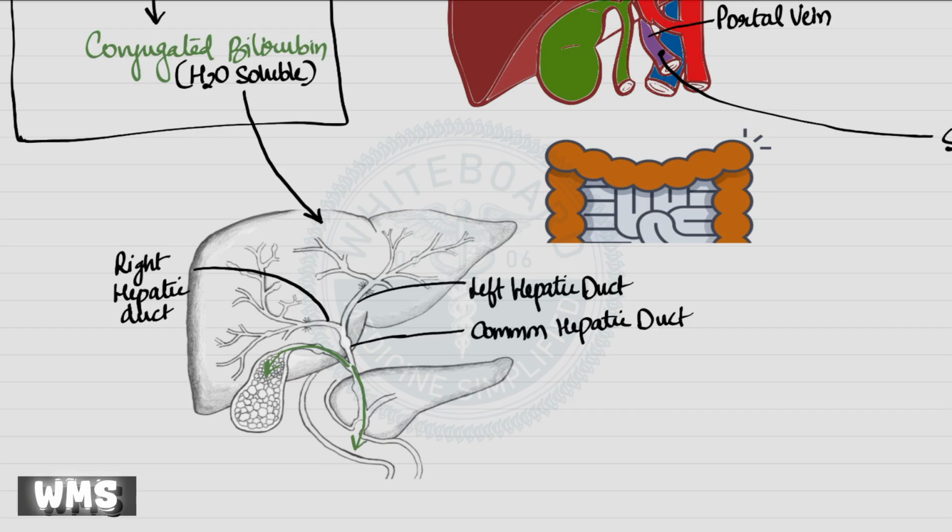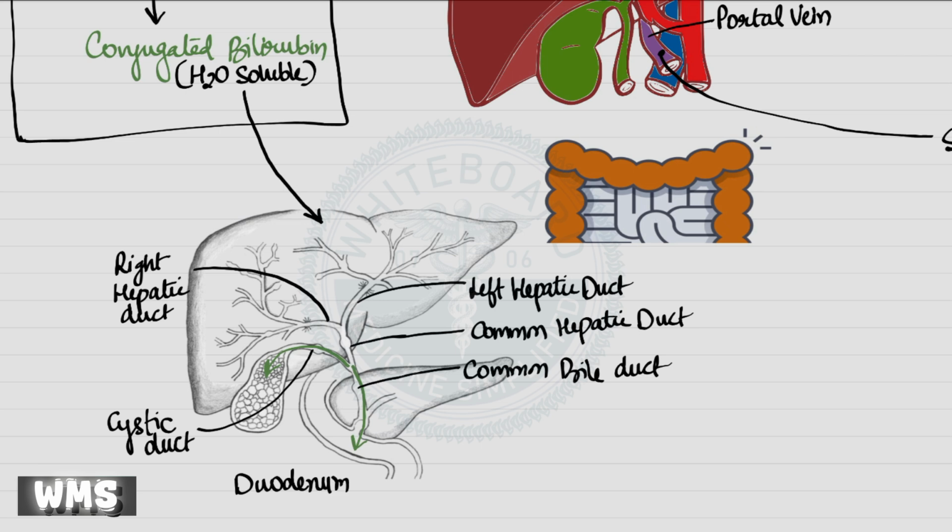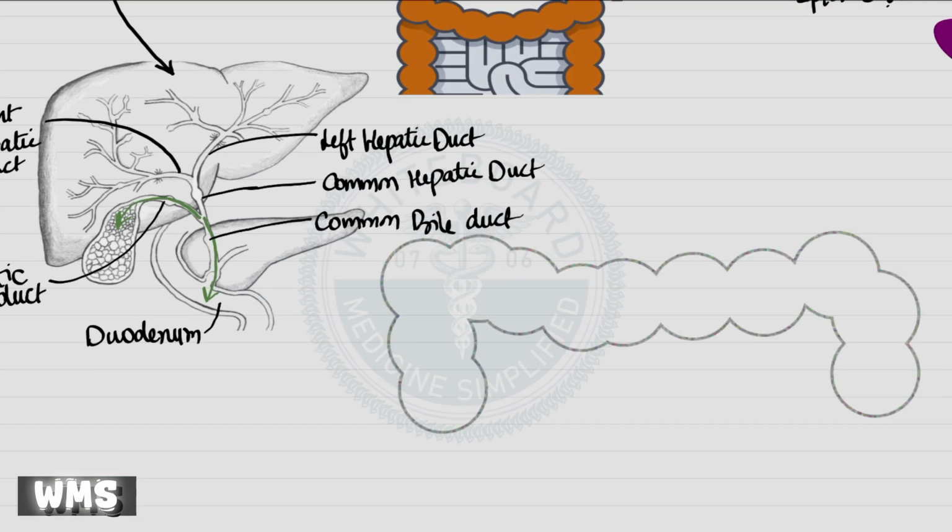When we eat, especially a fatty meal, the gallbladder contracts and releases bile through the cystic duct, which joins the common hepatic duct to form the common bile duct. Finally, this bile, containing conjugated bilirubin, is released into the duodenum, where it helps in digestion, and further bilirubin metabolism continues in the intestines.